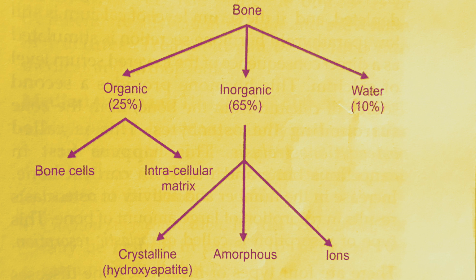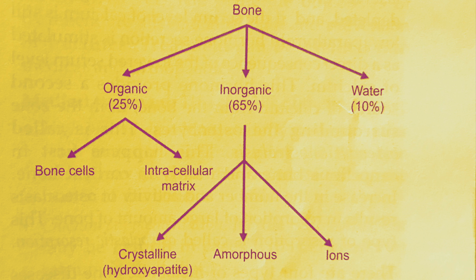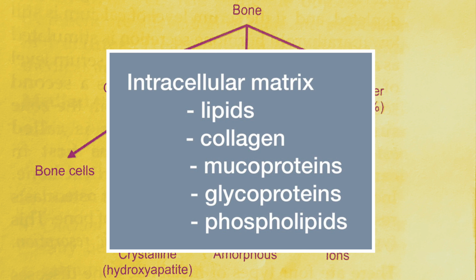Bone tissue is made up of 10% of water, 25% of organic substances and 65% of inorganic substances. 5% part of the organic substance is formed by bone cells. The other 95% of the organic substance is made up of matrix, which is formed by collagen, mucoproteins, glycoproteins, lipids, phospholipids.